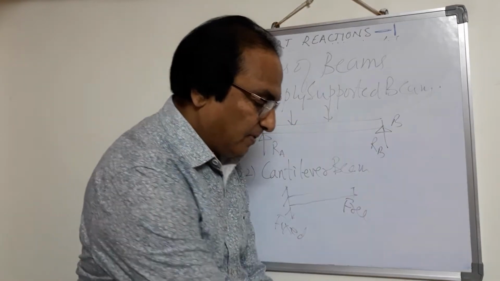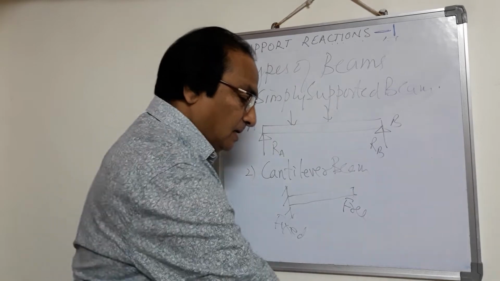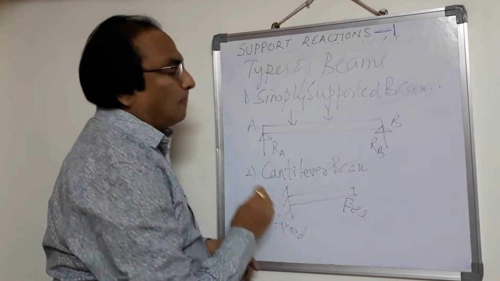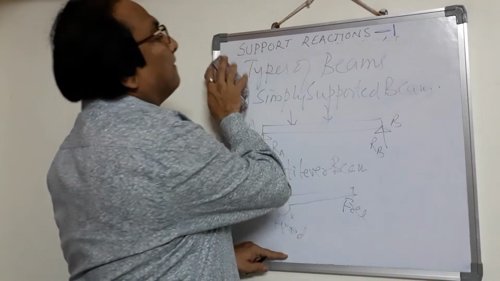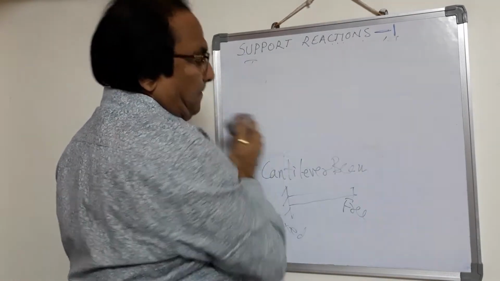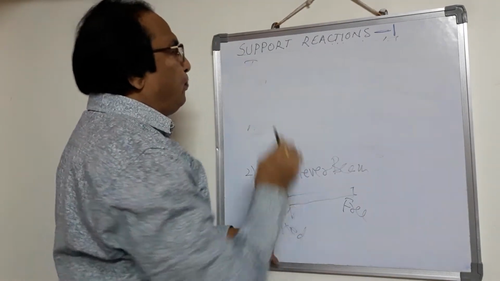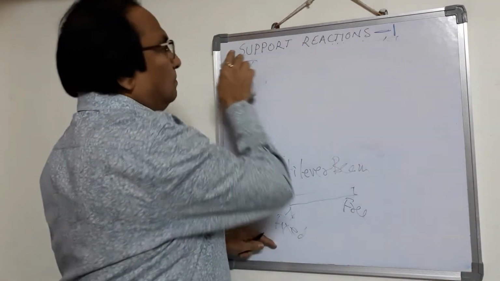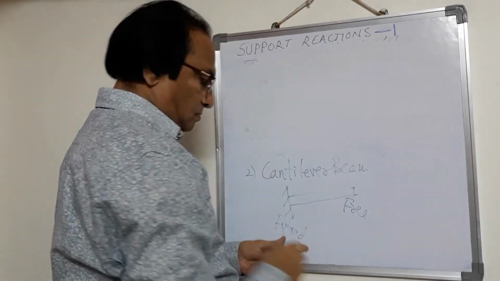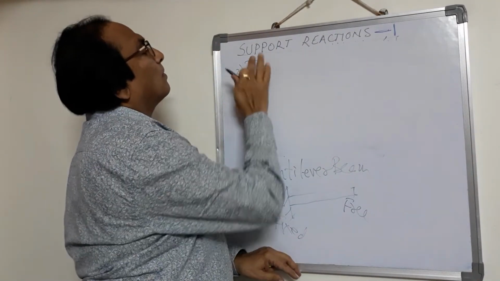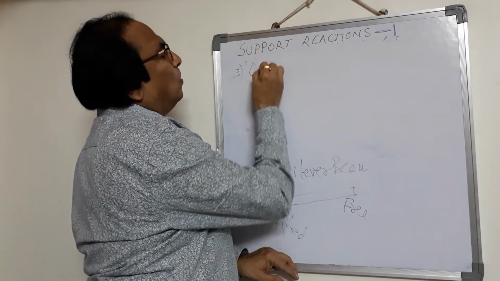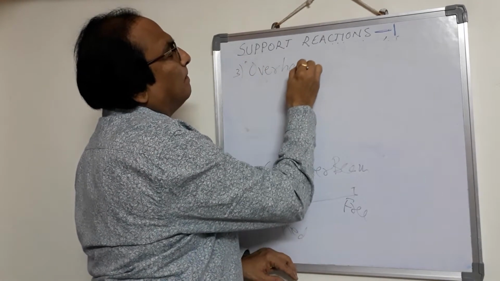So the third type of beam what we come across is the overhanging beam.